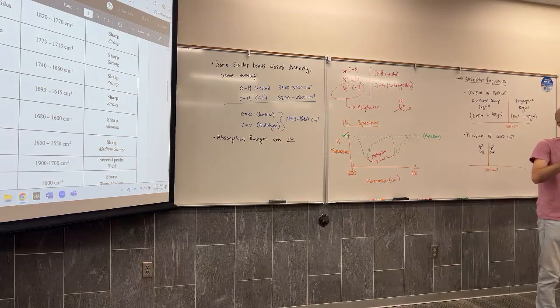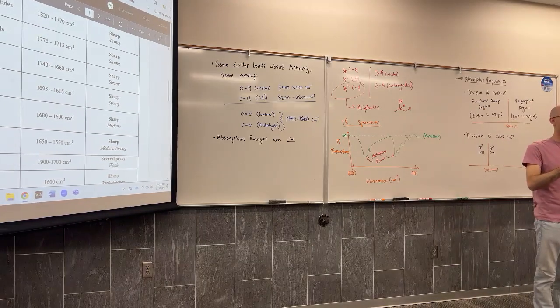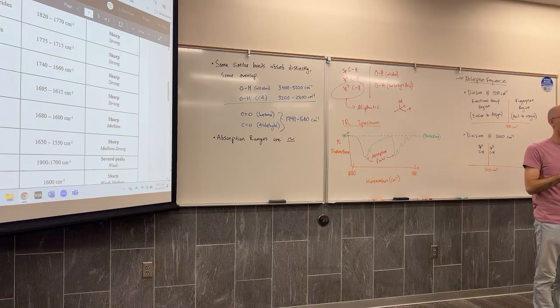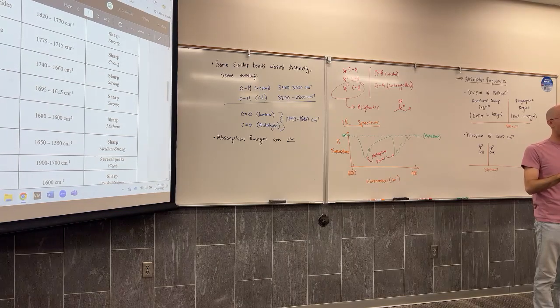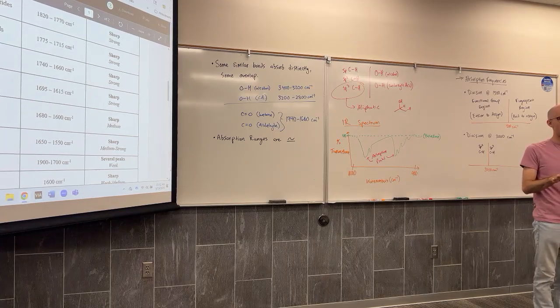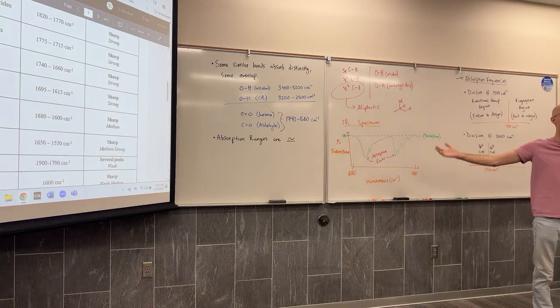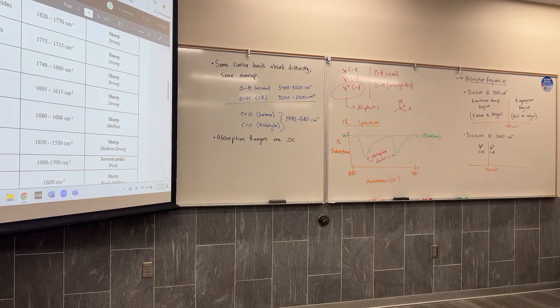So you have to be able to say, that range isn't exactly where I would expect, but these ranges are allowed to move based on how the bond is surrounded by other bonds. What else is happening in the molecule? That's going to impact the energy of the absorption as well. These are good approximations. They're not hard and fast. Are you guys comfortable with that? All right.